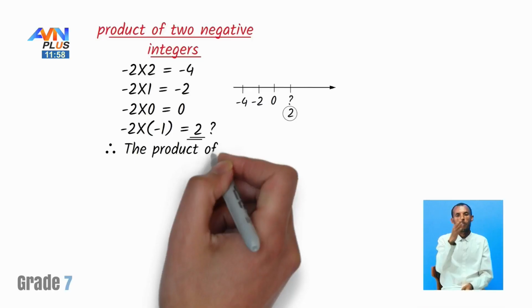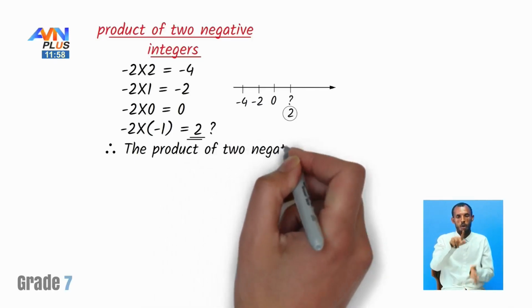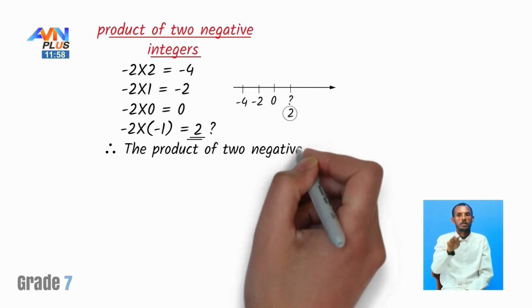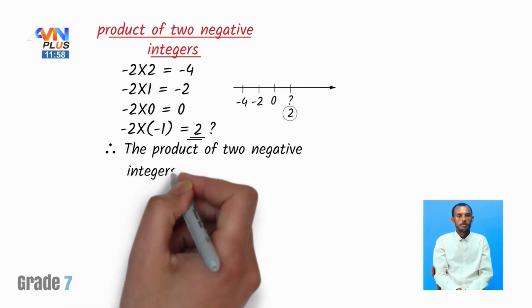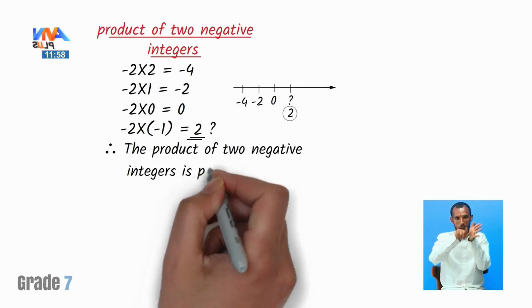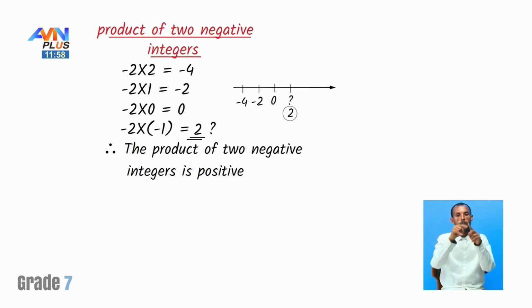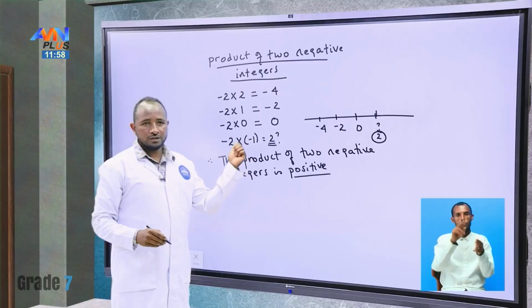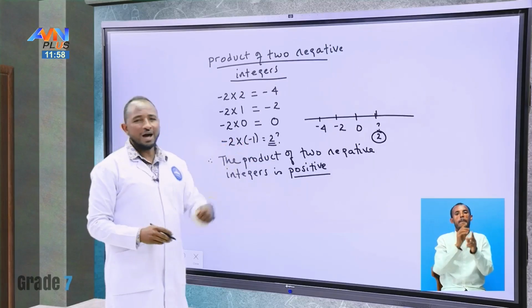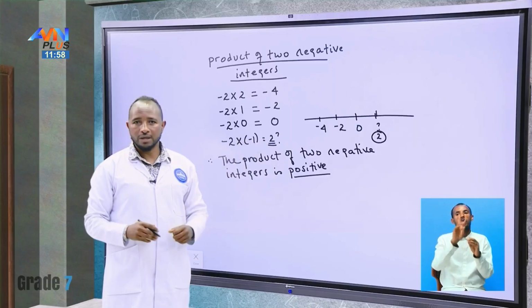The product of two negative integers is positive. So when you multiply two negative integers, simply forget the sign and then multiply the numbers. 2 and 1, 2 times 1 is 2. That will be the answer.